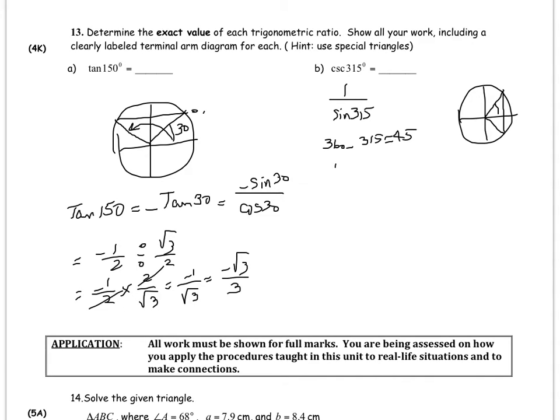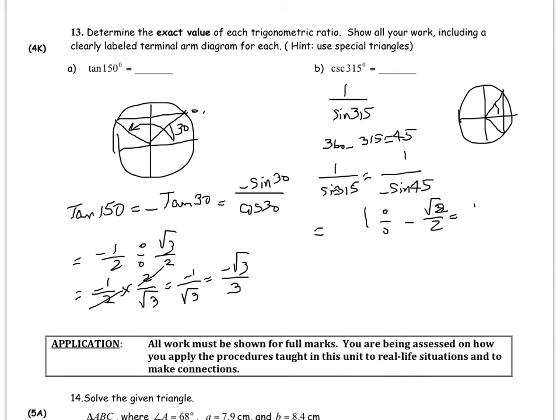So this means 1 over sine 315 is the same as 1 over minus sine 45. Again, the reason is that in quadrant 4, sine is negative. We know that this one is 1 divided by negative, but sine 45 is square root of 2 over 2.